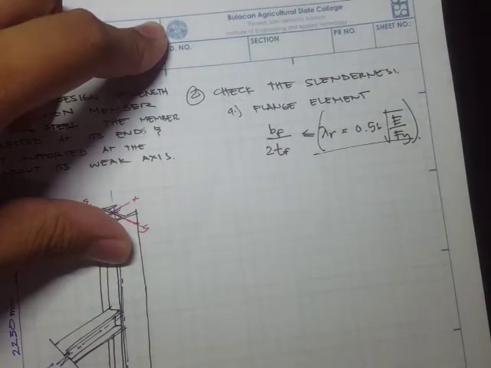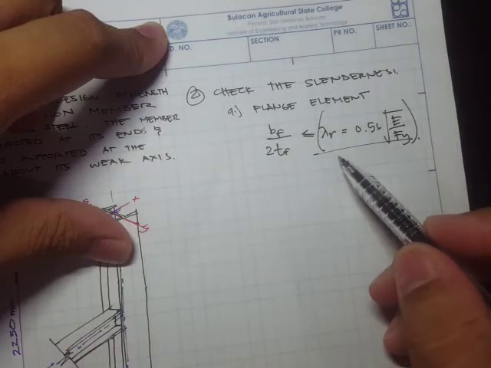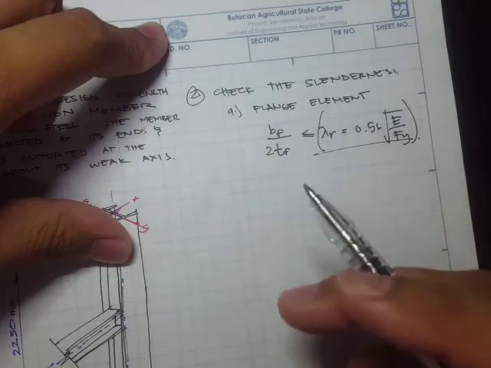If you recall, we are checking the slenderness because we are checking if local buckling will occur before the overall buckling.